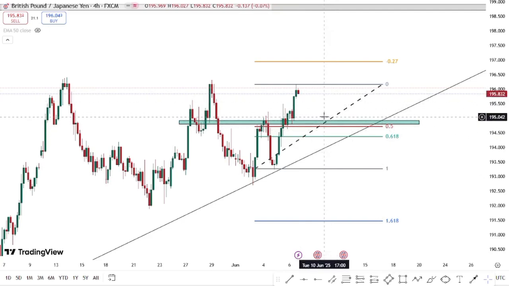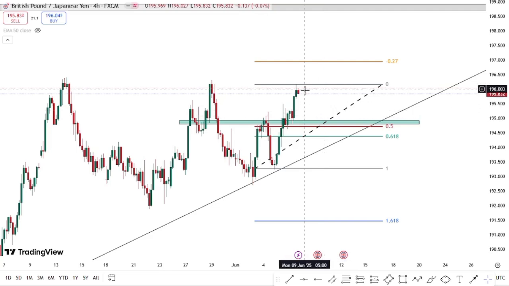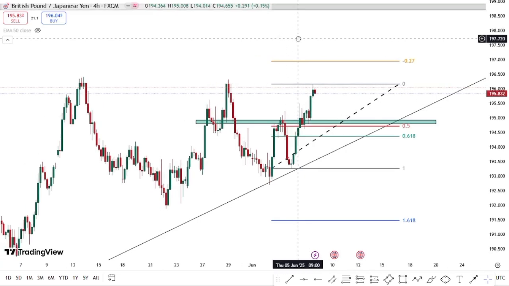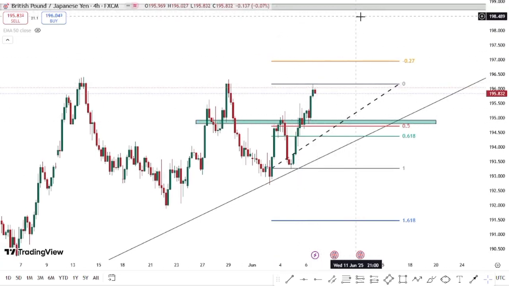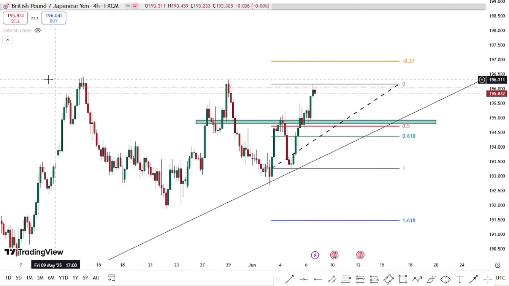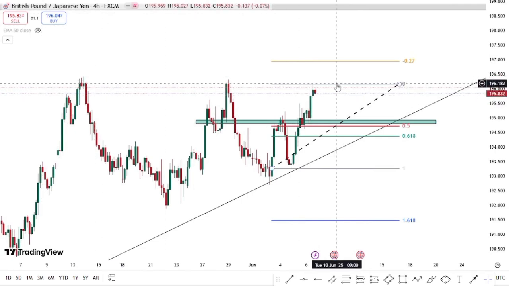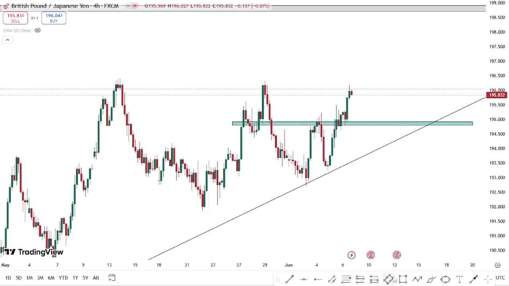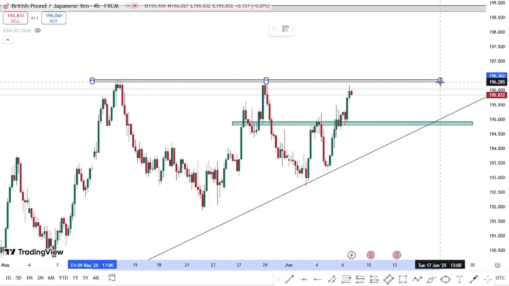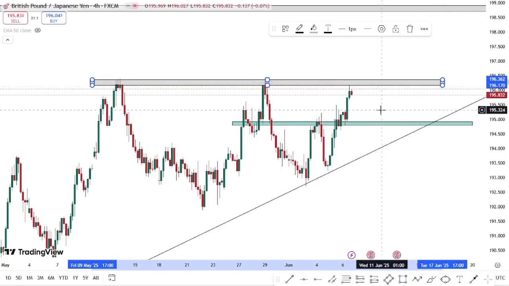It might be a hammer, it might be a bullish engulfing candle, it might be a Marubozu candle, whatever candle that signals a bullish reversal to the upside, then I'll be happy to take this particular trade all the way to this zone. But looking at this zone, GBP JPY is in an uptrend, even though we can clearly see that the market has put in a kind of triple top right here.